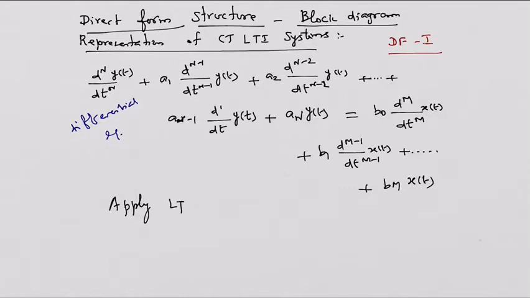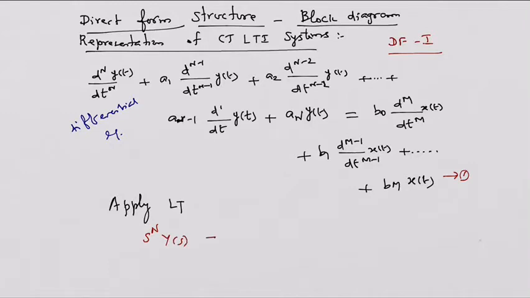So when we apply Laplace transform on the constant coefficient differential equation, omitting the output initial state and the input initial condition, assuming that both of them are zero initial conditions, the Laplace transform of this equation number 1 will result in s power n Y of s.